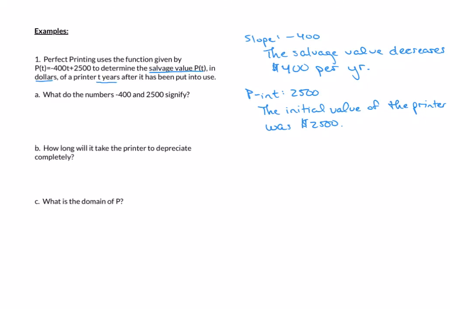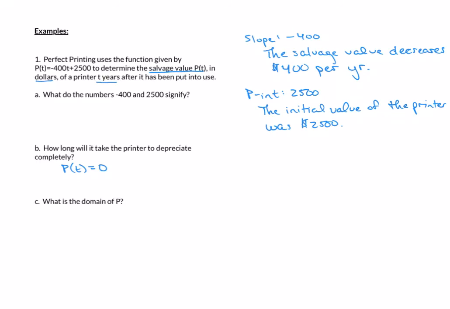Okay, now for B, it says how long will it take the printer to depreciate completely? What does that mean, depreciate completely? It means that it's worth $0. So that's what we are being asked. When will this thing equal 0?